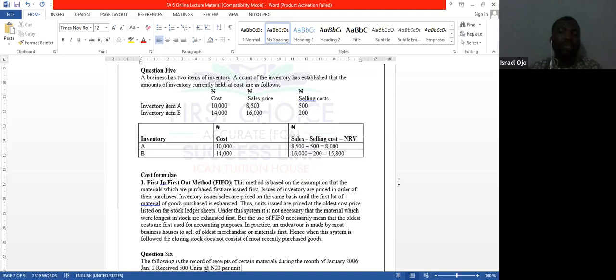If I want to issue out, I have to issue out the 20 before I issue out the 30 or before I issue out the 50. It means what comes in first should be the thing that goes out first.